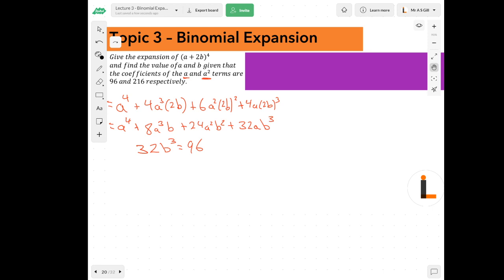And the coefficient of a squared, so 24b squared, is equal to 216.